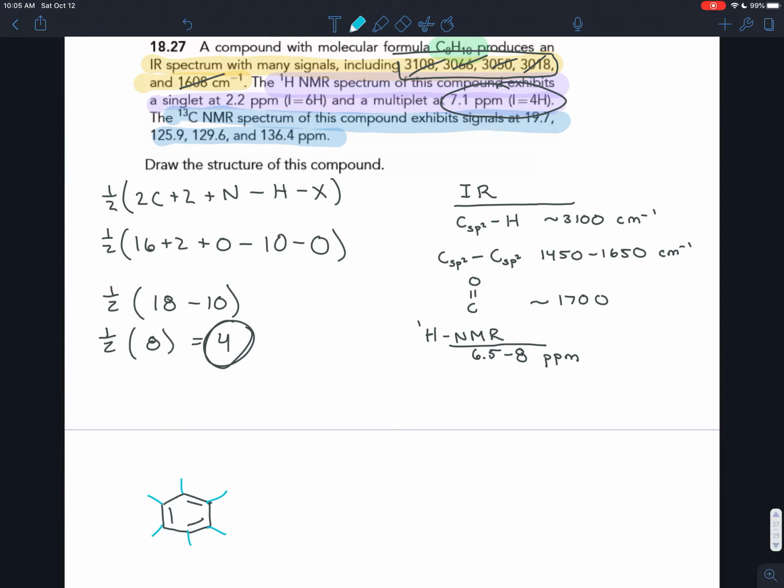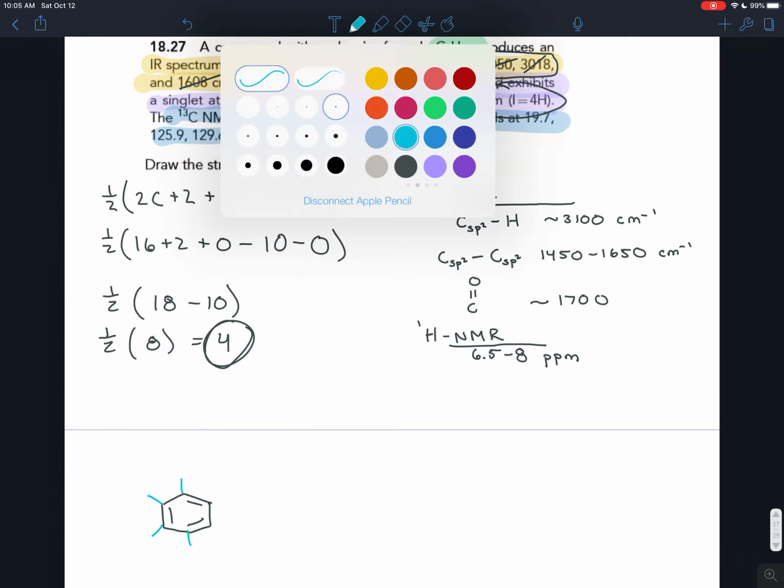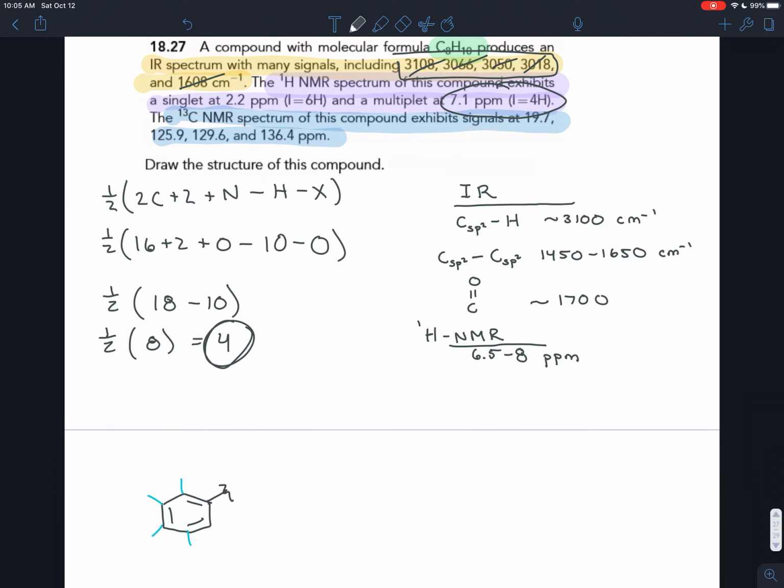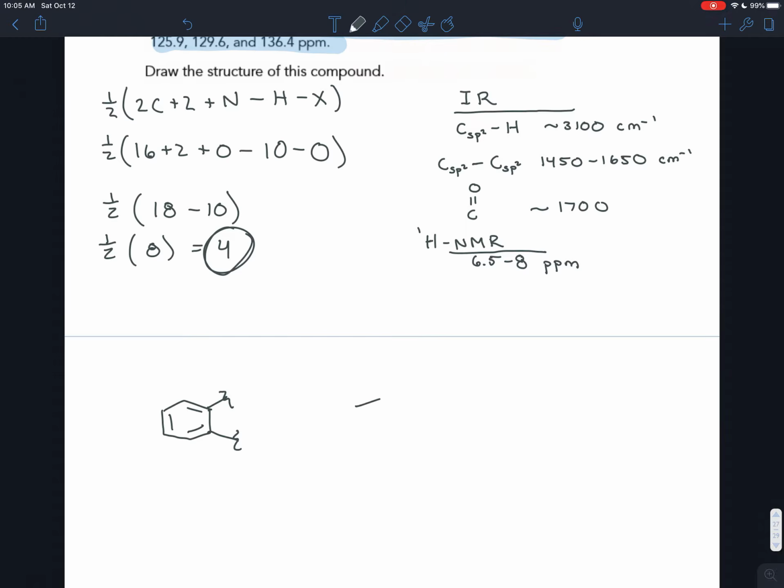Because benzene all by itself has 6 hydrogens, the only way you can get 4 is by taking 2 away and replacing them with branches. So we have 2 branches. The thing, though, is you can have 2 branches on benzene in 3 different ways.